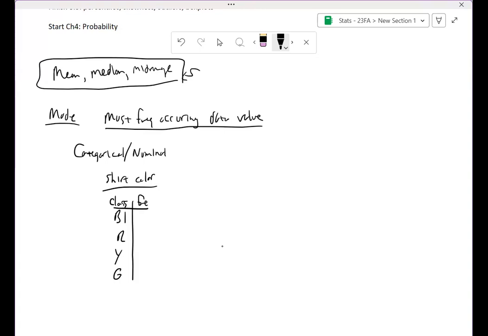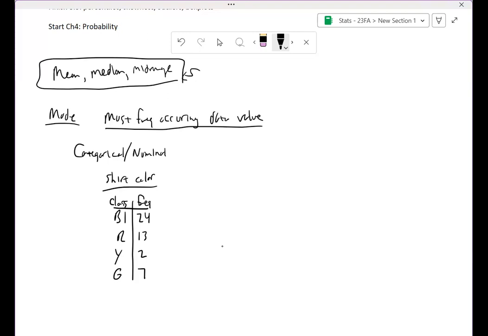And the frequency, let's say we had 24, 13, 2, and 7. So if we wanted a measure of center for this data set that might just look like blue, blue, red, blue, green, blue, yellow, and so on.